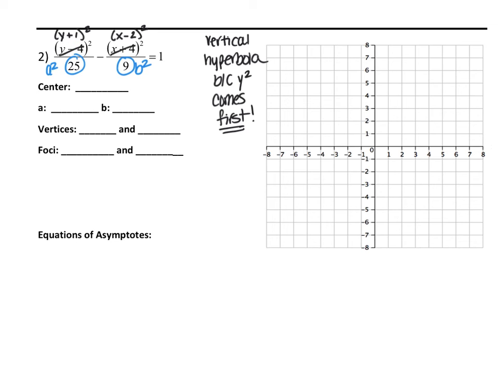Notice the center point is always x comma y, right? So you have to be careful not to make this your x. The x is attached over here. So the center is actually positive 2 from there, and then the positive 1 changes to a negative 1, and that is your center. So it's based off of x, then y. Just be real careful about that.